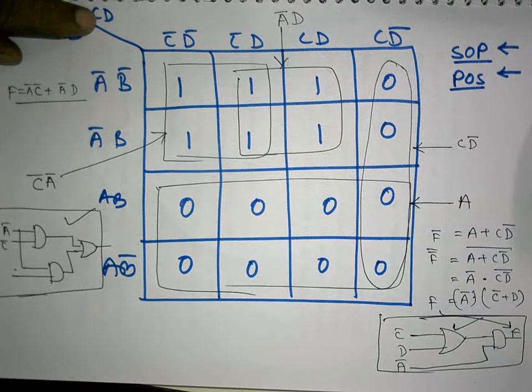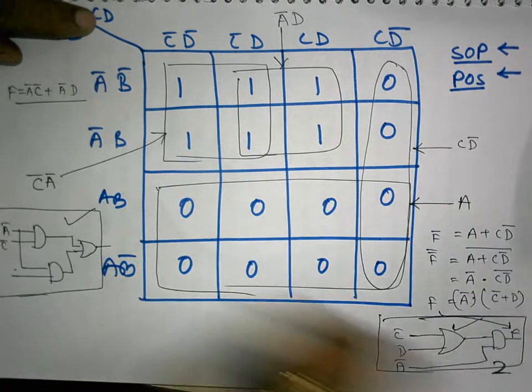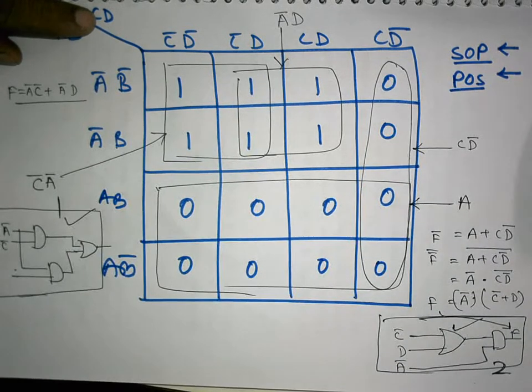Okay, so which circuit will you prefer? Naturally, if you say this is circuit number 2 and this is circuit number 1, you will prefer circuit number 2 because it is less complex. It incorporates only 2 gates. See, the overall power consumption will be less.